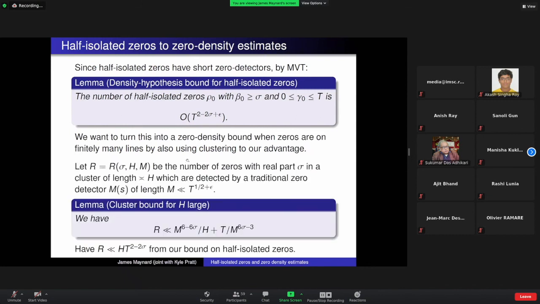You trivially get a bound that if you're looking at clusters of length h, the number of total zeros is the number of half isolated zeros times the number of zeros in a cluster. So it's bounded by h times t to the 2 minus 2 sigma.